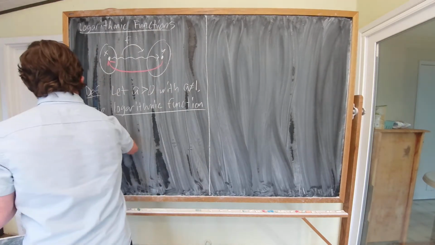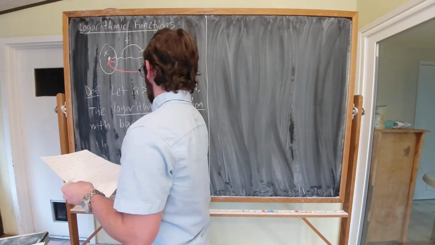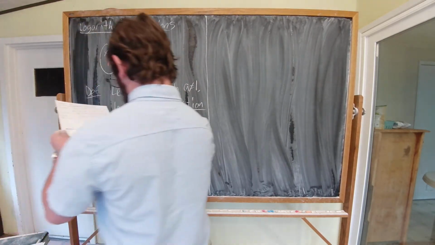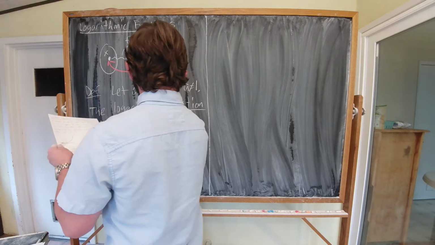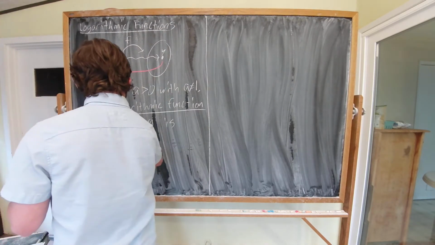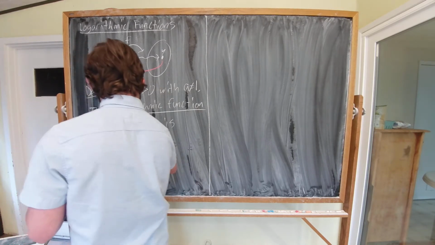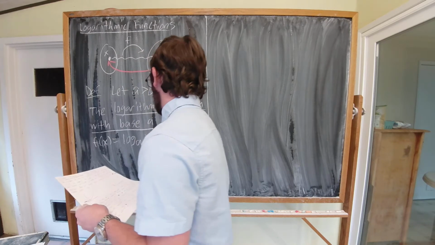So compared to the exponential function with base a, now we're going to have the logarithmic function with base a is f of x equal to log base a of x.